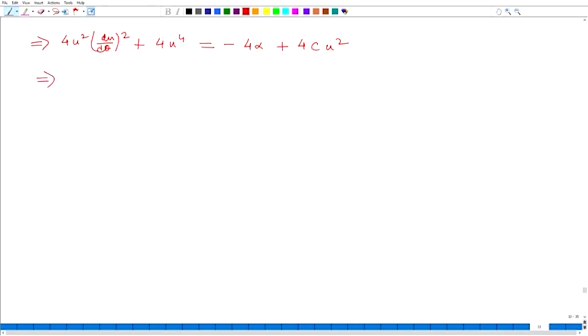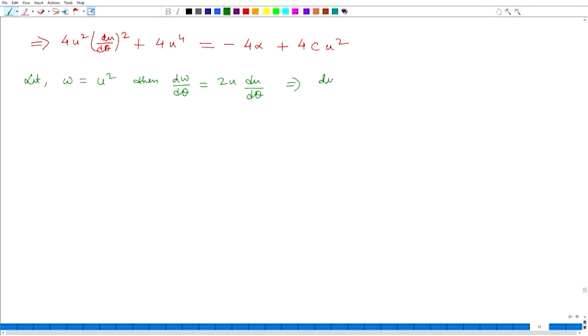And now I introduce a new variable. I use a new color over here: let W is equal to u², and then dW/dθ will be equal to 2u du/dθ.